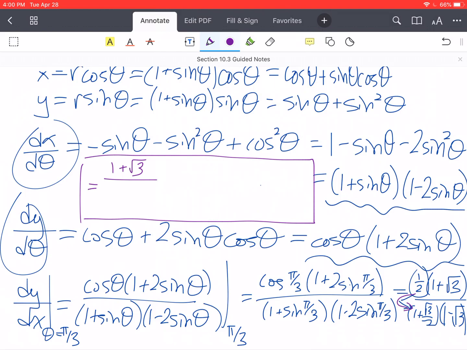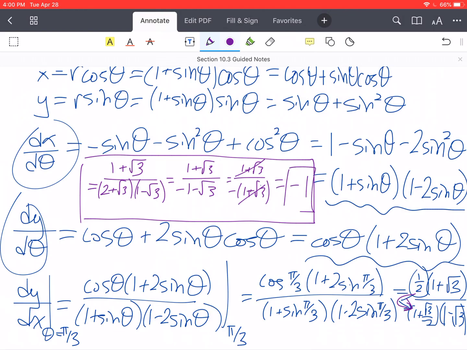Because the 2 is in the denominator, so the 2 can go in here. That becomes 2 plus root 3 times 1 minus root 3. Multiply those out. That gives us 1 plus root 3 over negative 1 minus root 3. Which, of course, is 1 plus root 3 over negative 1 plus root 3. If you factor out the negative 1, those cancel, and we're left with negative 1.